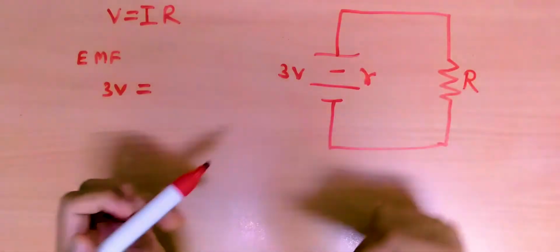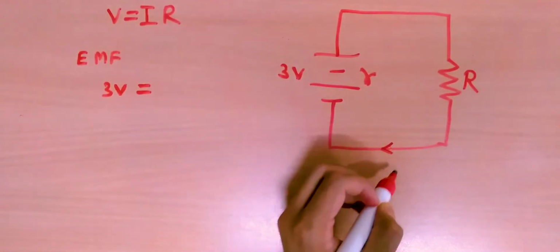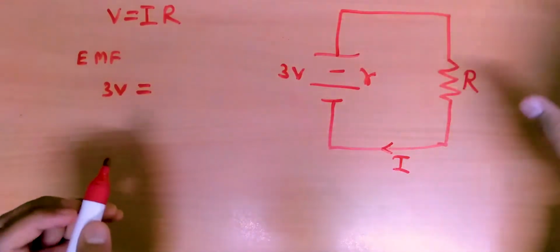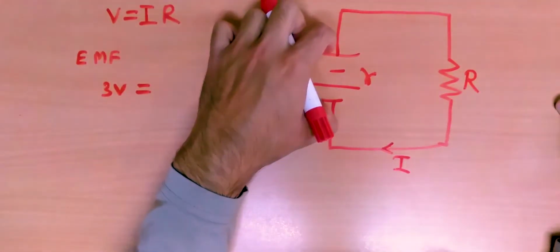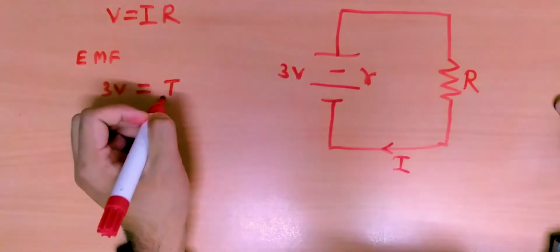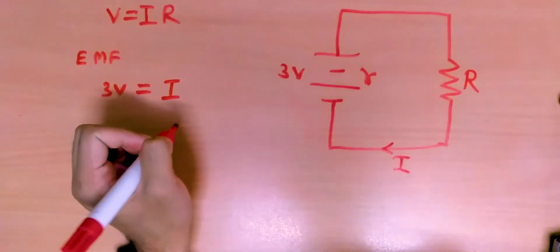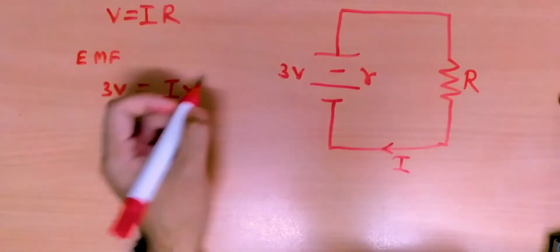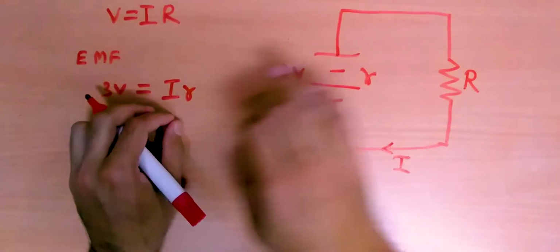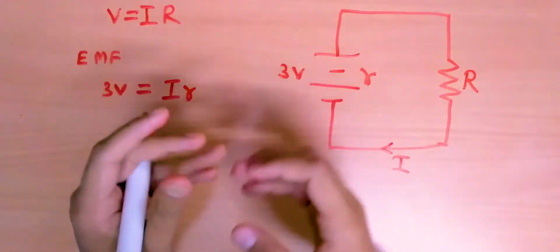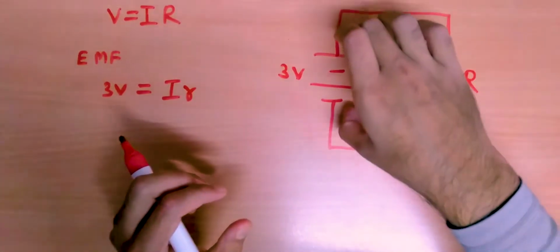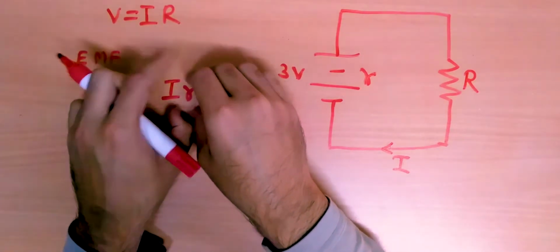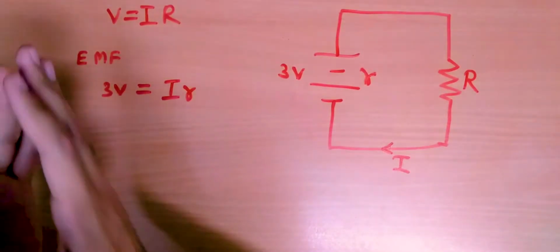How much? Well, let's say there's some current I in this circuit, which will be the same throughout the circuit, and the potential drop across this internal resistance would be simply I, the current in the circuit, times r, the internal resistance of the battery, Ir. So that is the energy that the electrons lose across the battery itself. This term Ir is very much similar to that 1 joule of energy that is being lost inside the pump, right?